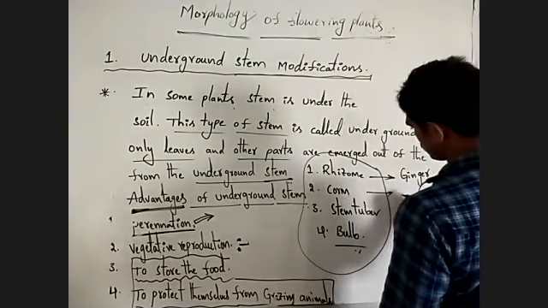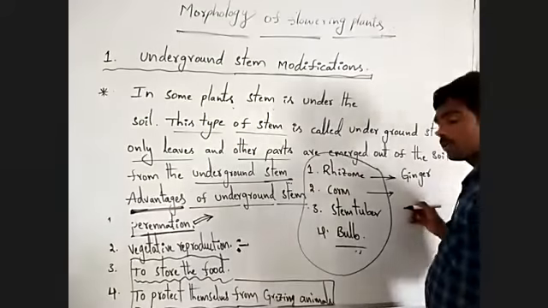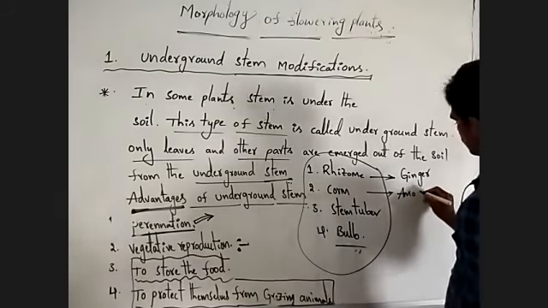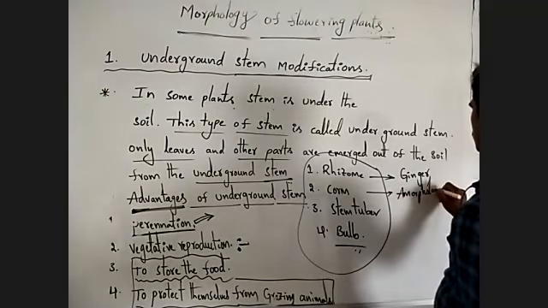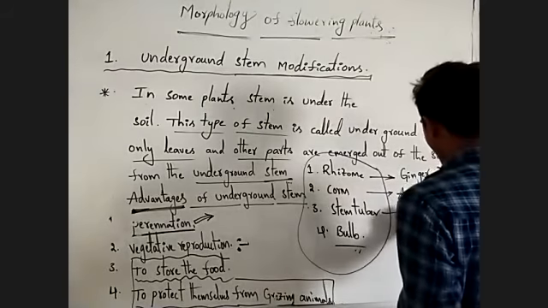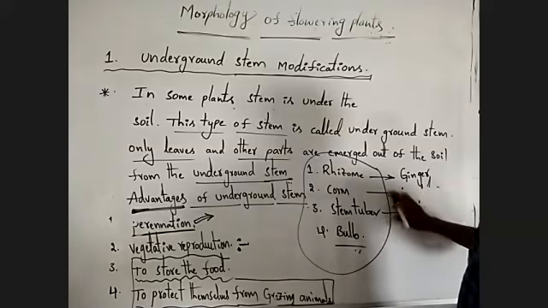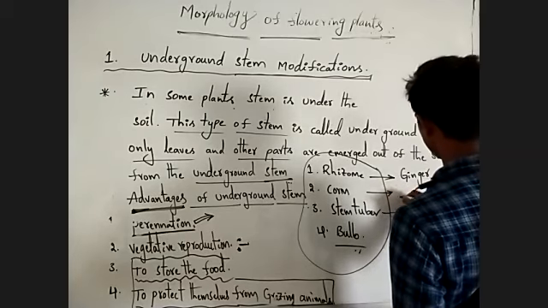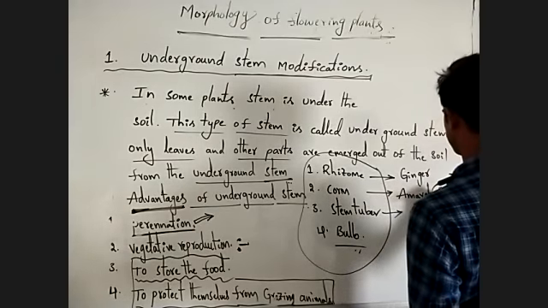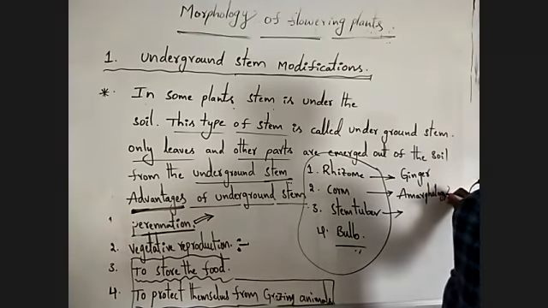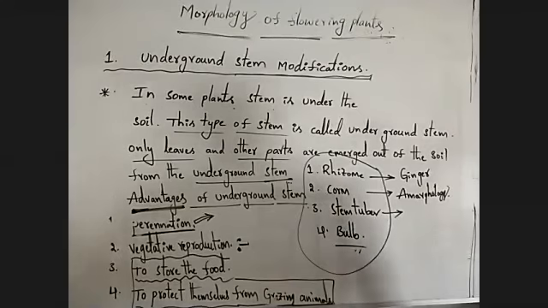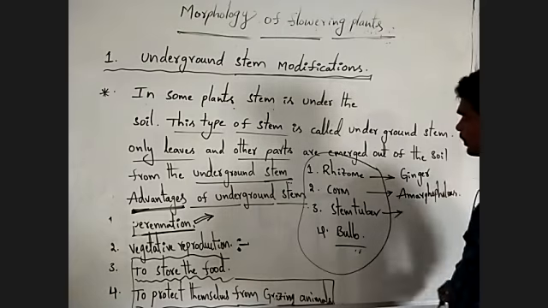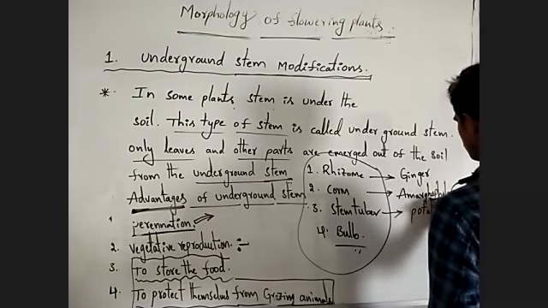Next, corm, examples are colocasia and amorphophallus. Stem tuber, potato.